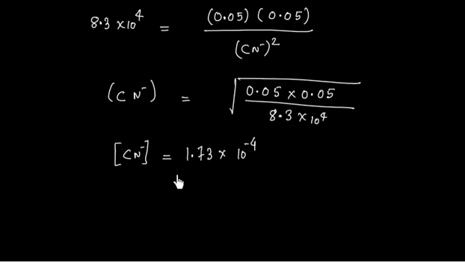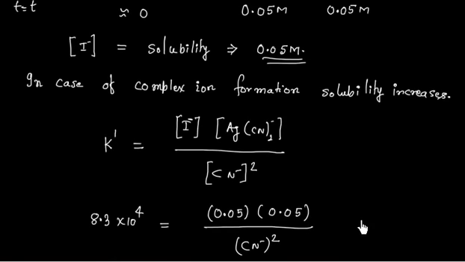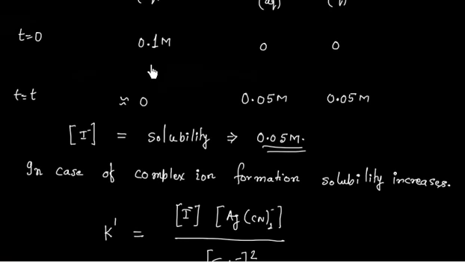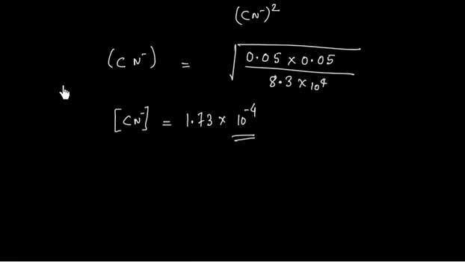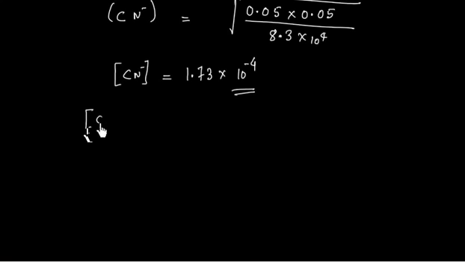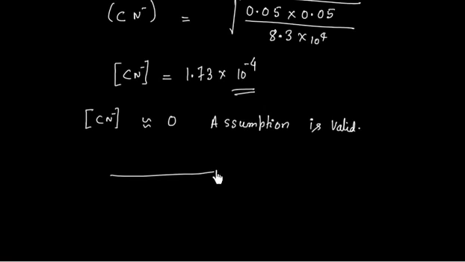So CN- is very small, about 10 to the power minus 4. We can assume initially we have 0.1 and finally we have 10 to the power minus 4. So we can assume the final concentration of CN- is approximately equal to 0. The concentration of CN- is very small, and this assumption is valid.